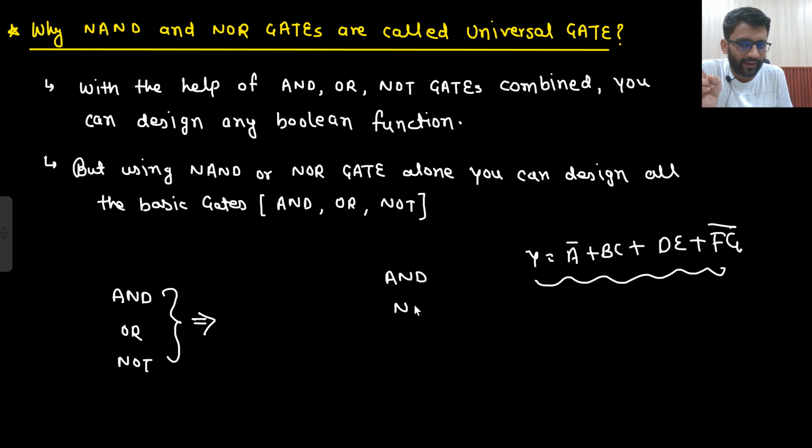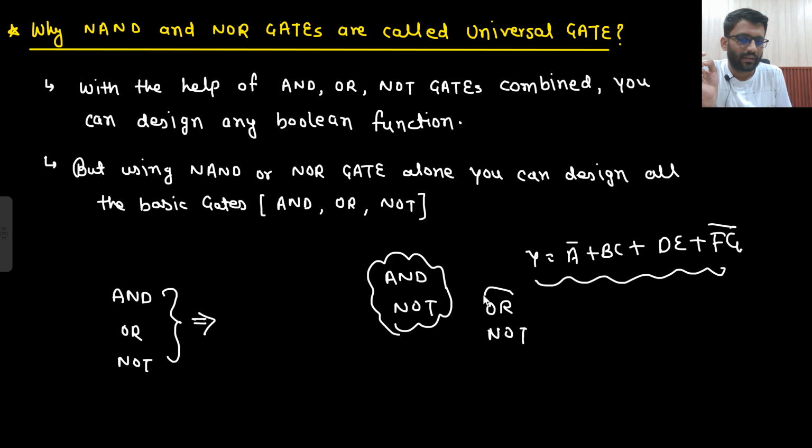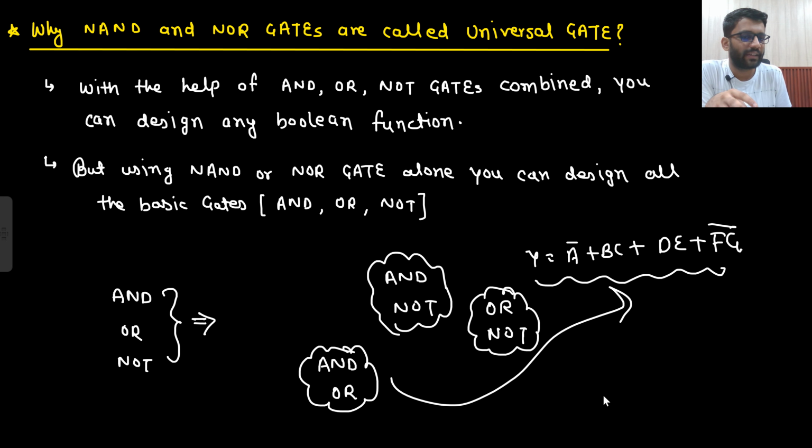You need AND gate and NOT gate, or you need OR gate and NOT gate. So basically these 2 you need. With AND and OR, with these 2 gates you will not be able to design this, because from where will you get this bar? So for bar you need NOT gate.